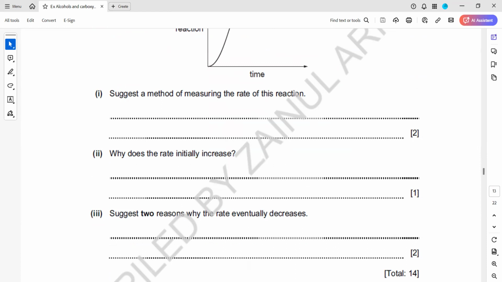If a high temperature is there, the yeast might be killed off, or because of the high concentration of alcohol, or the amount of glucose is decreasing. So why does the rate initially increase? Because the temperature is increasing.